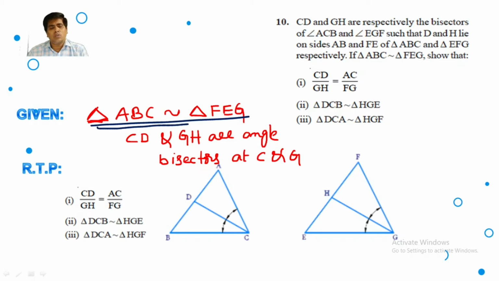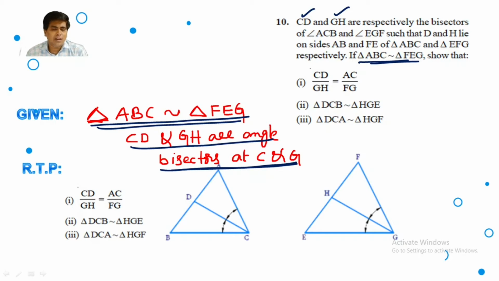I already told you these two triangles are similar. He has already given this. Not only this, CD and GH are angle bisectors at C and G respectively. So this is the given statement in the question. What we are required to prove? All these three relations.